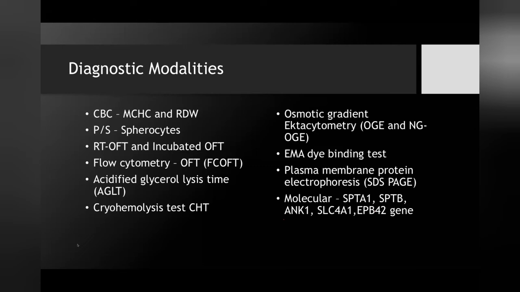Apart from that, we also have the acidified glycerol lysis time, the cryohemolysis test, and ectacytometry. And further to these tests, molecular tests and SDS-PAGE electrophoresis are usually done only in research labs. So there are a huge lot of modalities which have been used for the diagnosis of hereditary spherocytosis. Next, please.